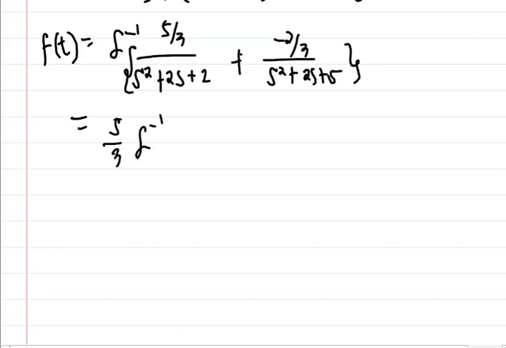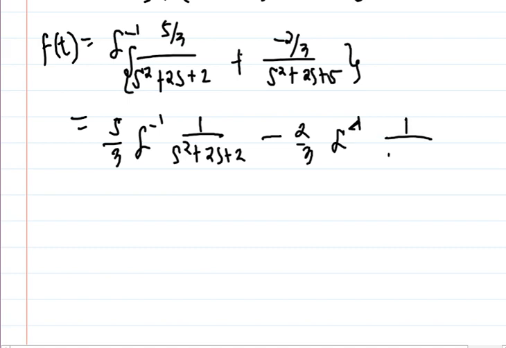We have inverse Laplace transform of 1 all over s squared plus 2s plus 2, minus 2 thirds, then I have the inverse Laplace transform of 1 all over s squared plus 2s plus 5.